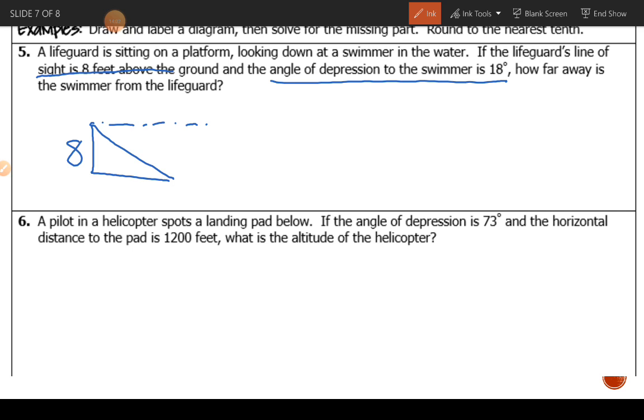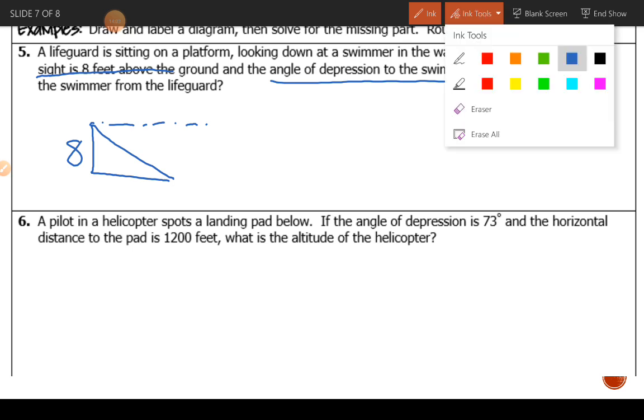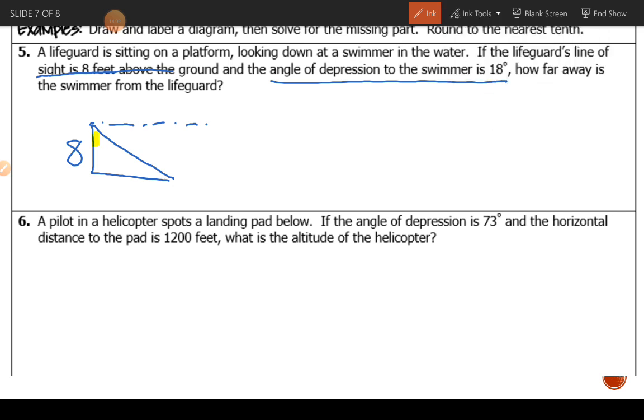Now, this is where people mess up, okay? Because what they do is they put the angle of depression right inside of the right triangle. That is not where it goes. Okay? Where it actually goes is on the outside of the angle.